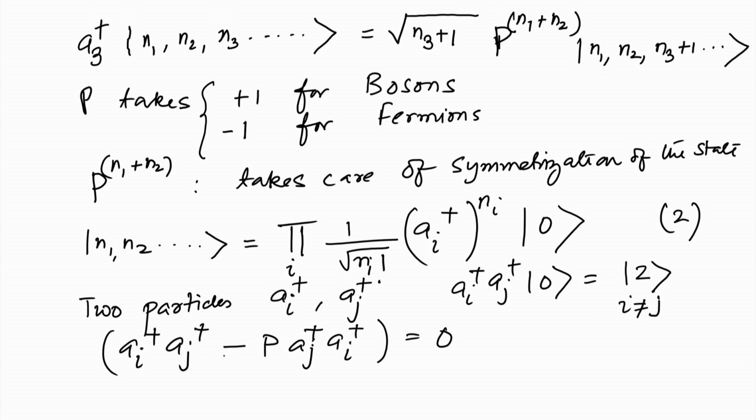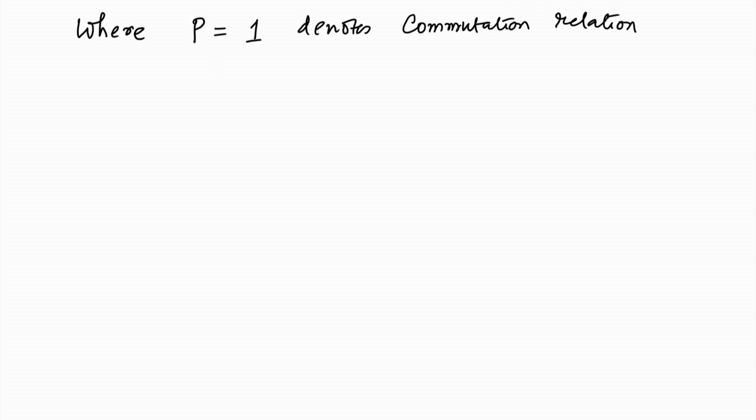In addition to that, we have a minus p, where p equal to 1 denotes commutation relation, and p equal to minus 1 denotes anti-commutation relation.